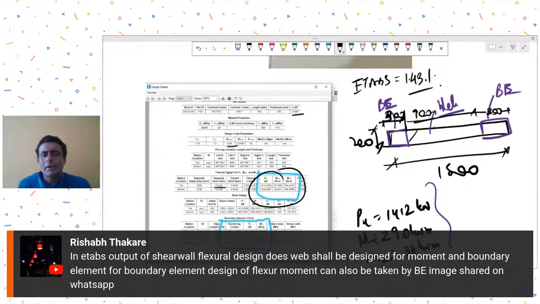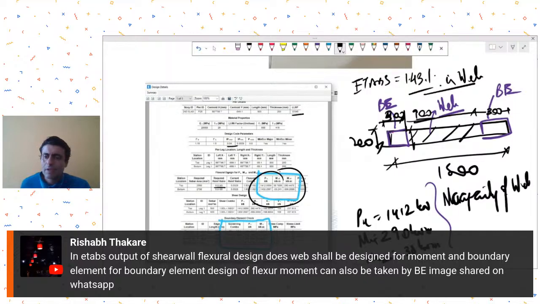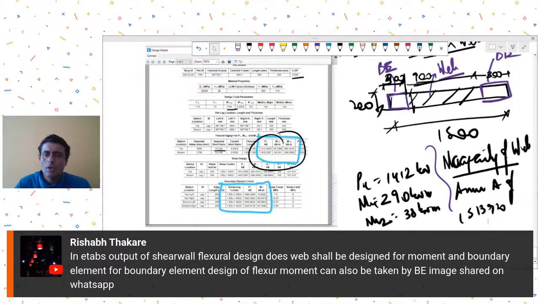So I will continue to provide 1.43 percent in my web. Now what is my web size? Web size is 900 by 200. So you can find out the moment capacity of my web alone. How will you find out? You can use Annexure A of IS 13920 to find out the moment capacity of this web.